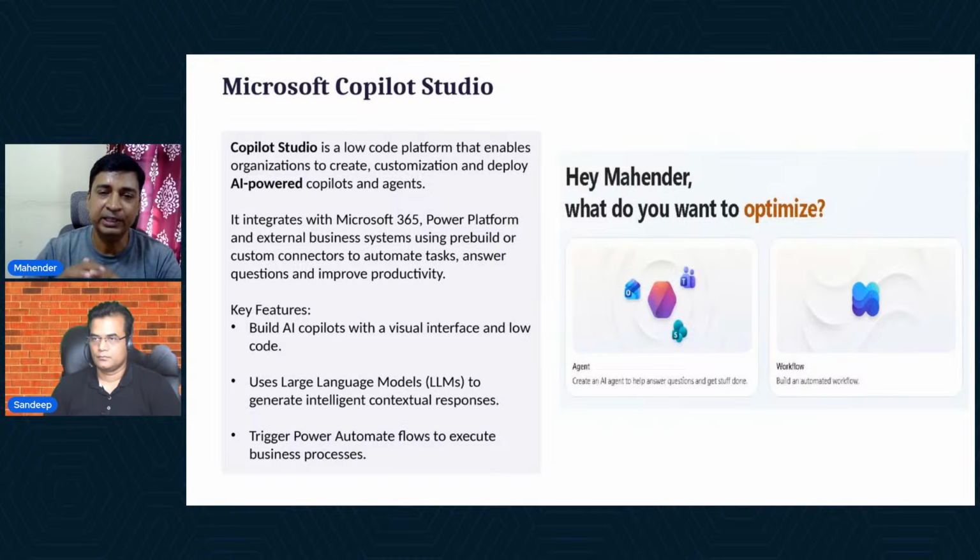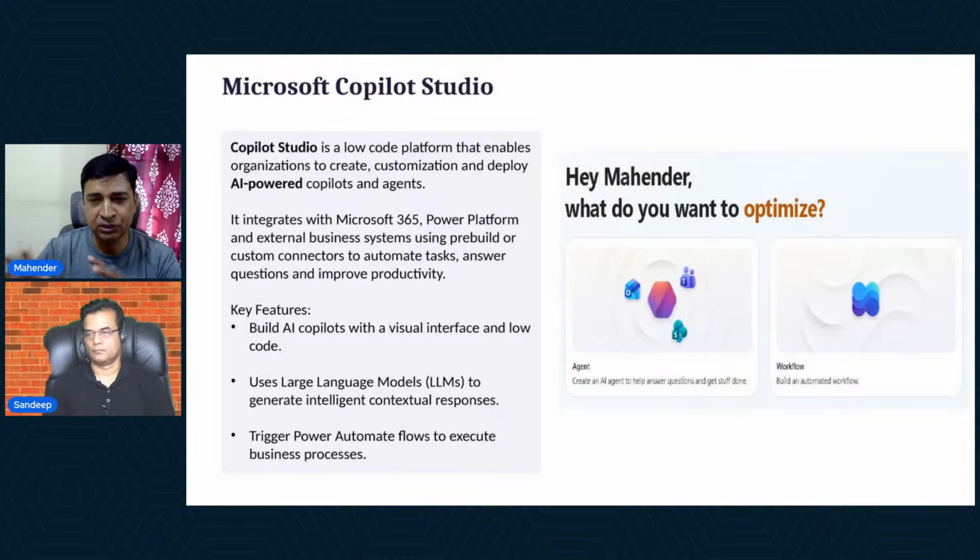Depending on what agent you have built, if you are writing a prompt and you have different topics, all of this can be designed using this UI itself, right? And we have different integration options available, so we can integrate with Microsoft as well as non-Microsoft tools, right?